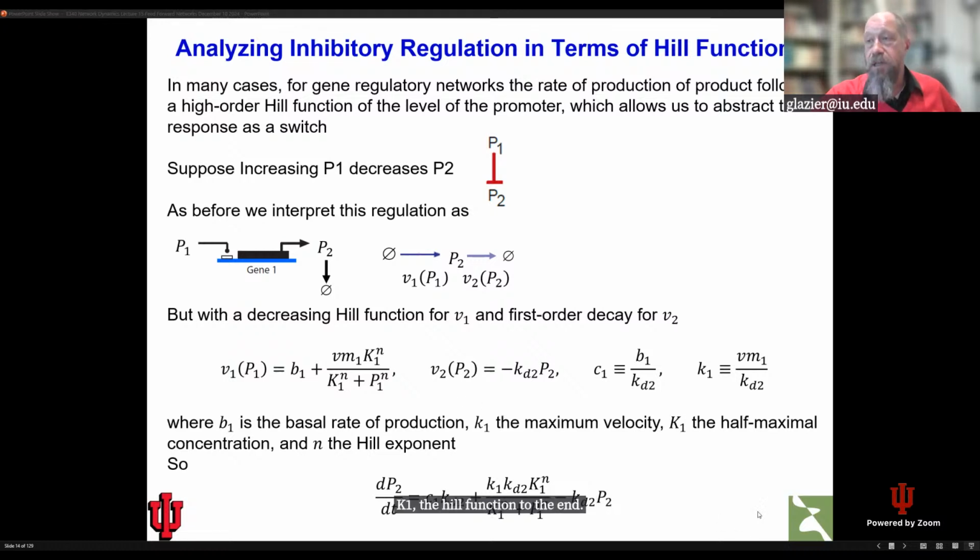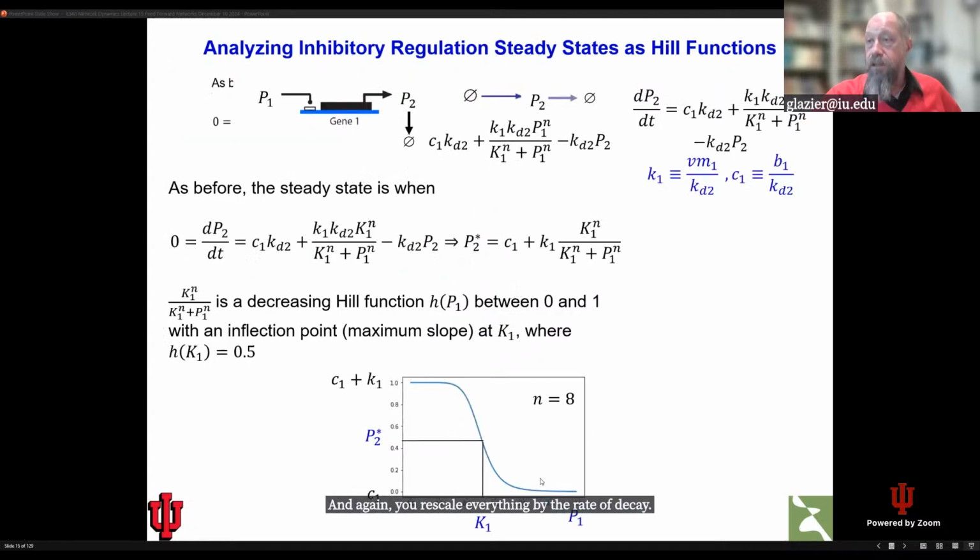And again, you rescale everything by the rate of decay. You get a decreasing sigmoid. Again, the value of P star is half when you're at K1. And for n equal 8, you get a sigmoid that looks like this. N equals 4 is pretty smooth. It's not quite linear, but almost. N equals 20 would give you a step function.